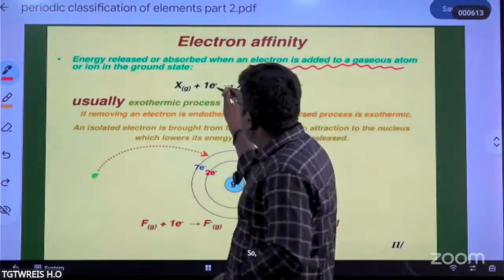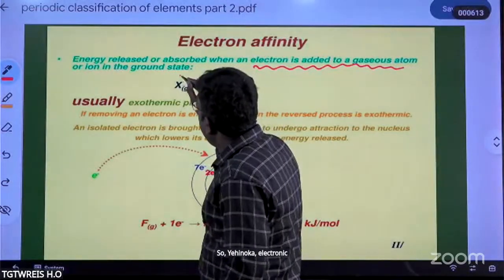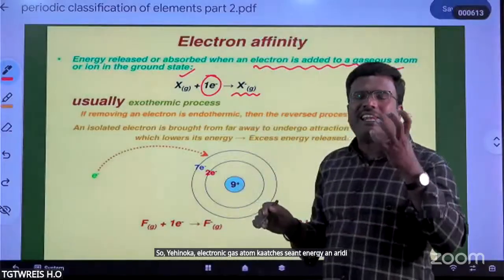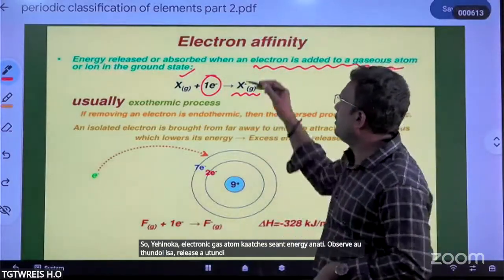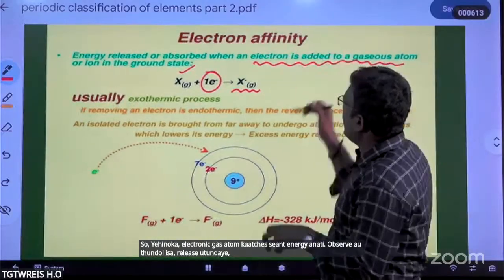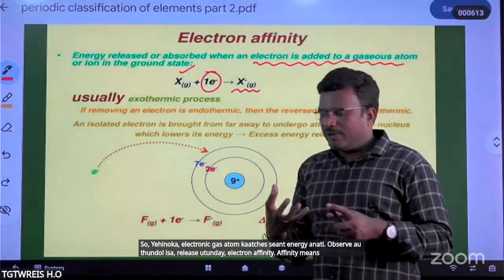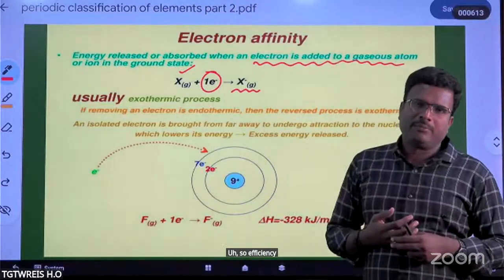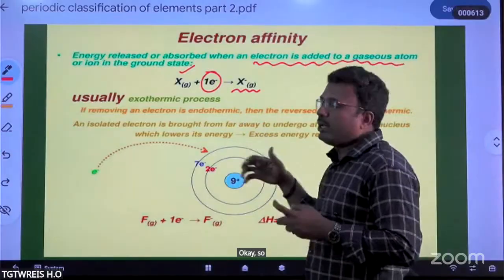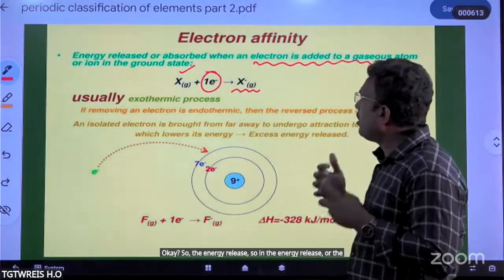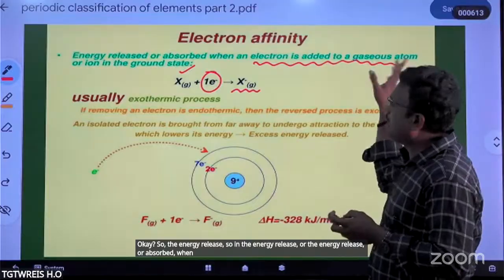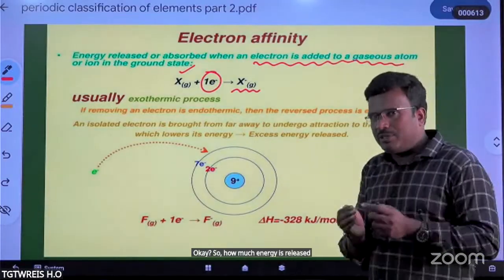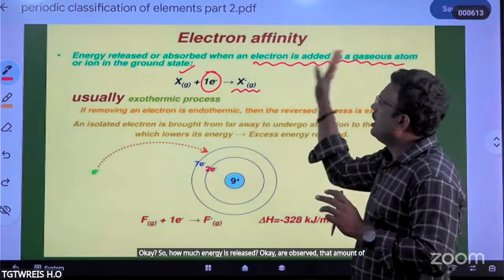If an electron is added to a gaseous atom, the amount of energy that is absorbed or released is called electron affinity. Affinity means having an efficiency or tendency.